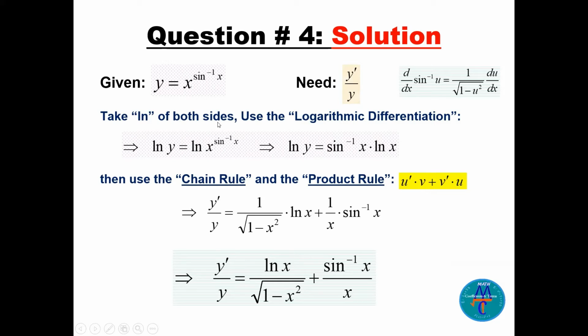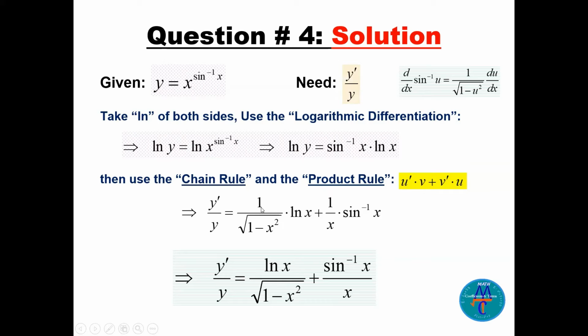We can use the properties here of logarithms. So we can bring down inverse sine of x times ln of x. So we can use the product rule here. And then on the left side, we can use the chain rule. So ln of y, let's find the derivative, y prime over y. Inverse sine of x times ln of x, we can use the product rule, u prime v plus v prime u.